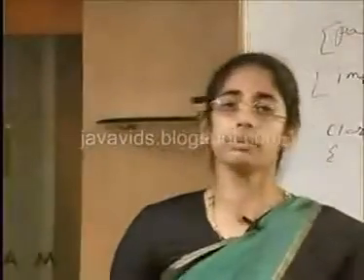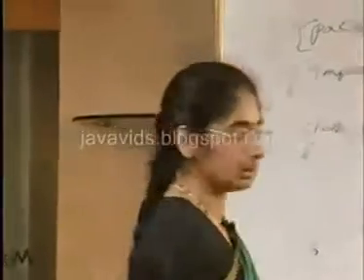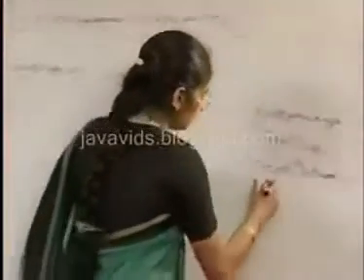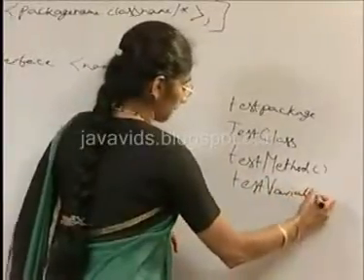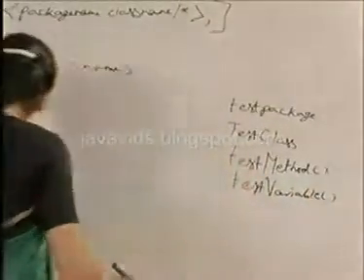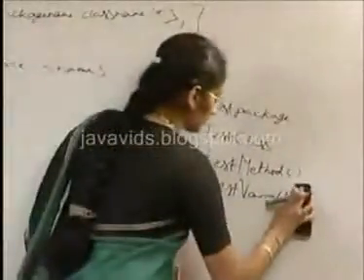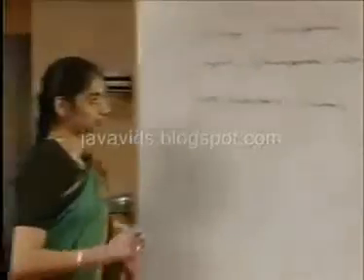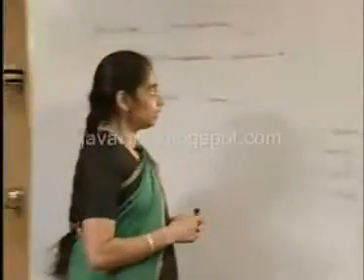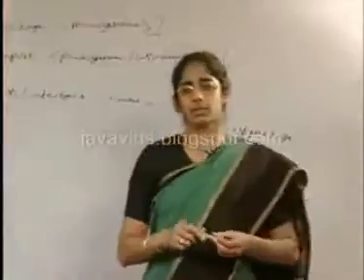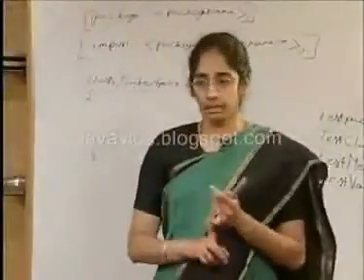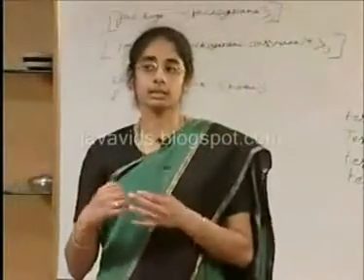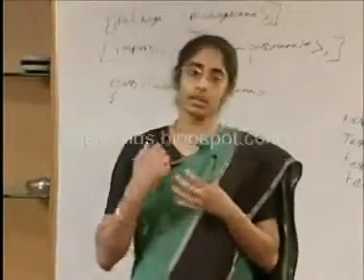Then variable names also follow the same rules. So testVariable is written likewise. Now any class constants. What do I mean by class constants? A constant is a final. When I say class constant, it has to be a class member, so it has to be a static member.